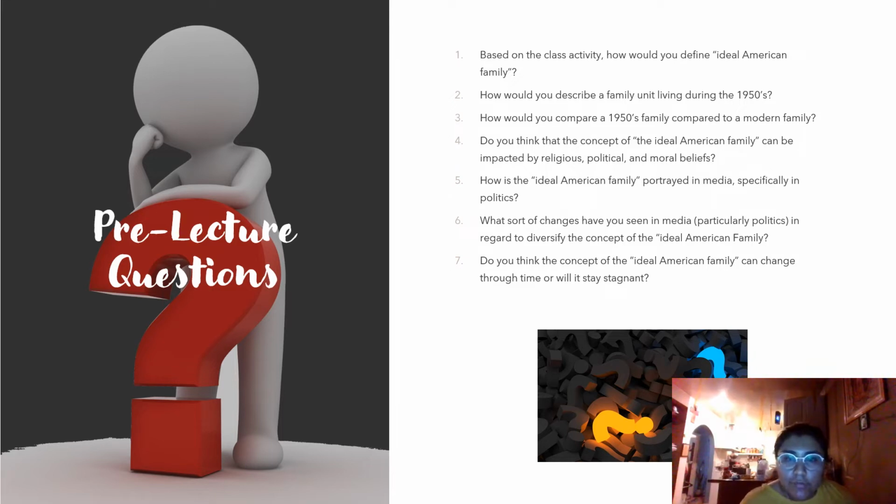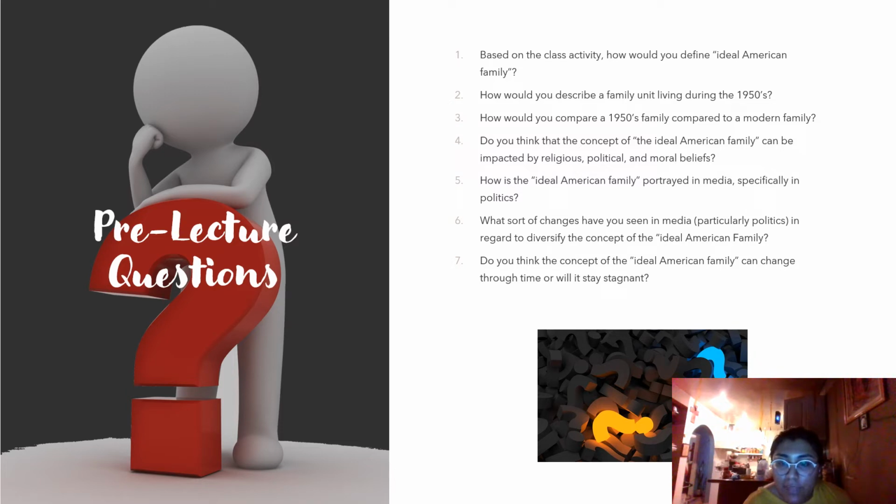And then the seventh question is: do you think that the concept of the ideal American family can change throughout time, or will it stay stagnant? This is more so based on their opinion, on their previous knowledge and their own life experience. And again, it goes back to the reading, because the main focus of the reading is that in modern times there is no single definition of what an ideal American family should be.